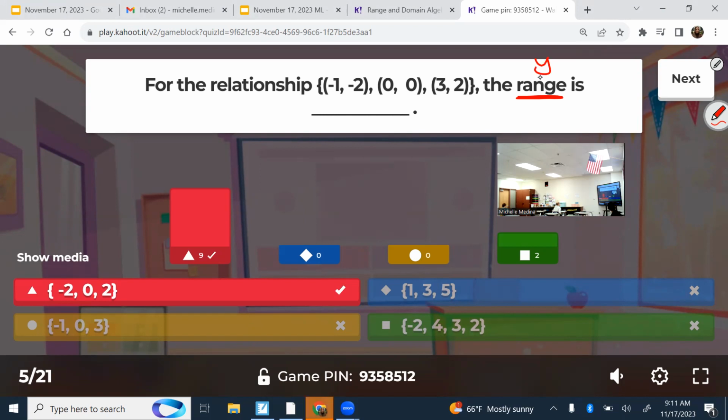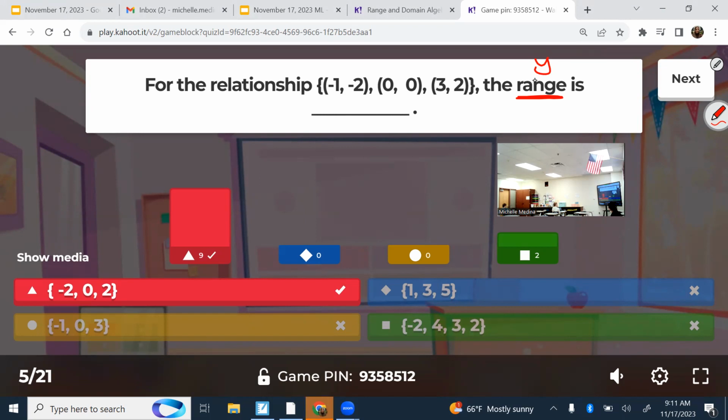The y's. So again, let's say it together. The range is all the what? The range is all the what? Debbie? Okay, good.